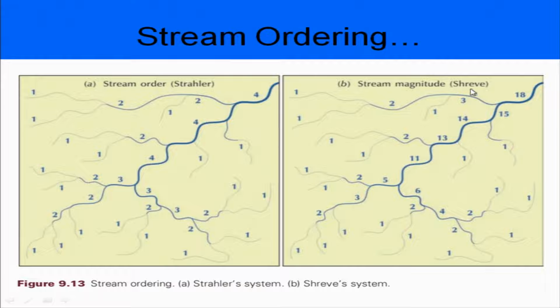And after Shreve, what we see here is that two first order streams, very similar to Strahler, meet and result in a higher order, second order. But then even if one lower order stream meets, it becomes the third order.